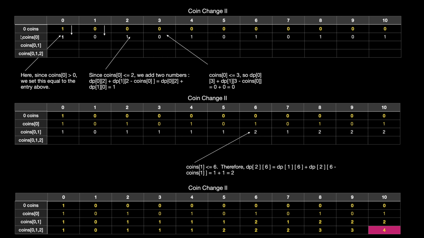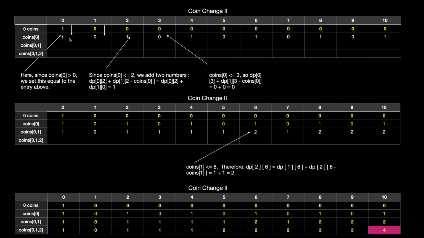The second row corresponds to picking only the first coin. The third row corresponds to picking only the first 2 coins, and the last row corresponds to picking the first 3 coins, and then we just iterate.